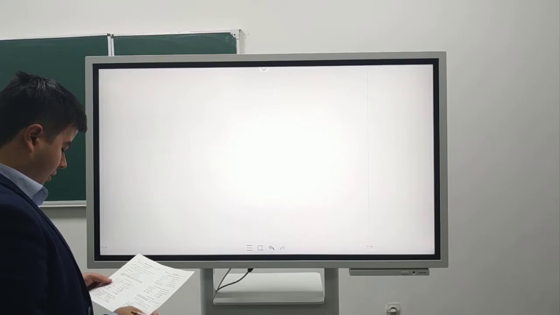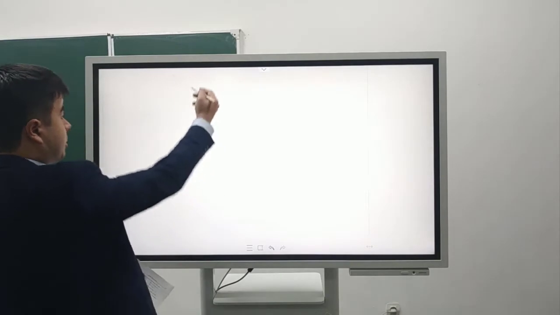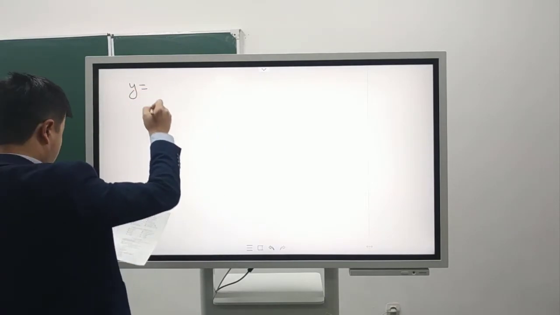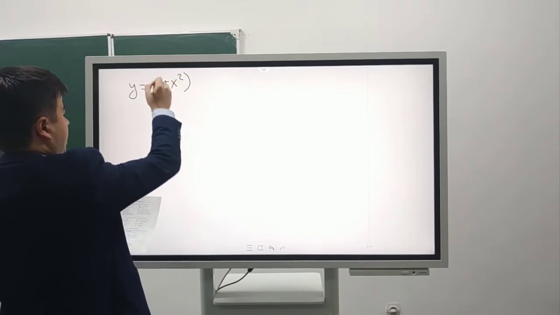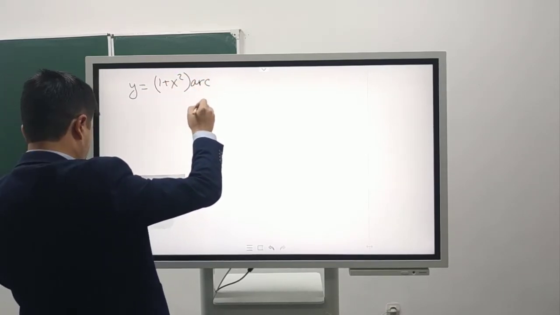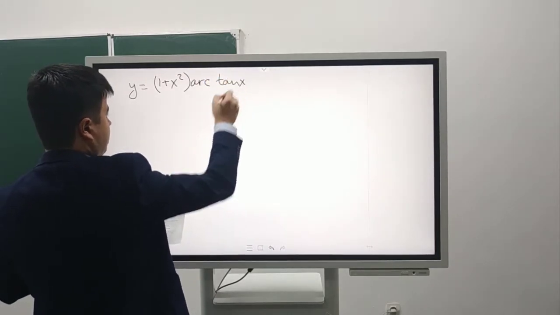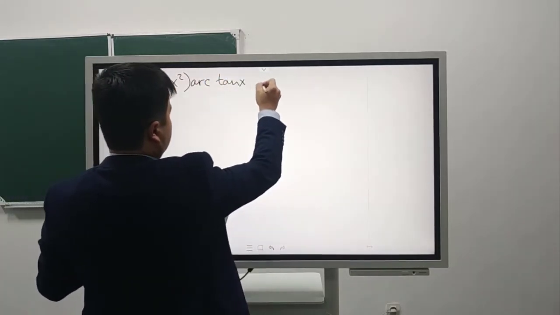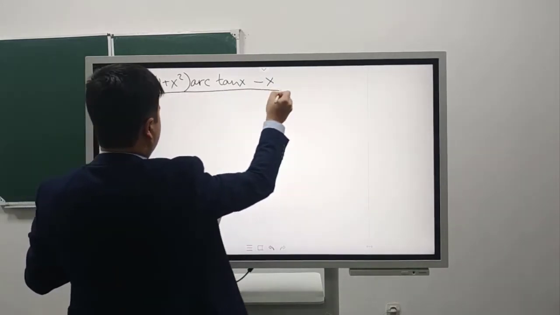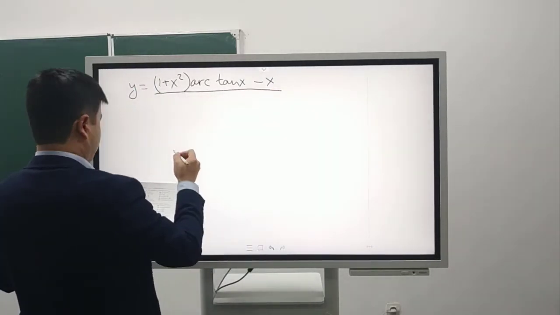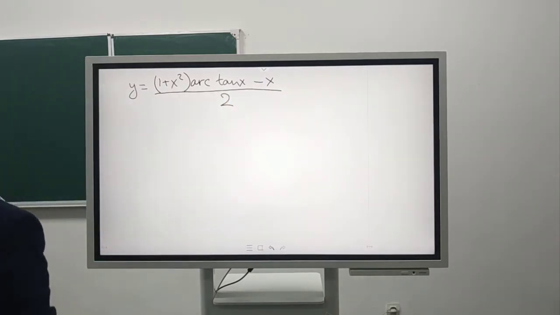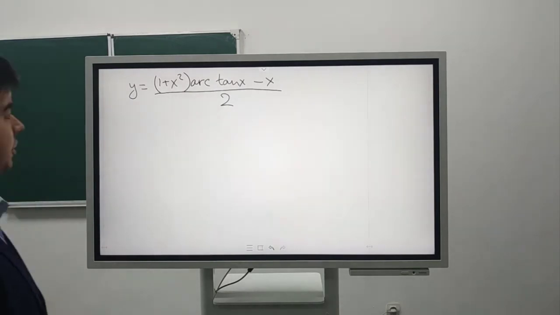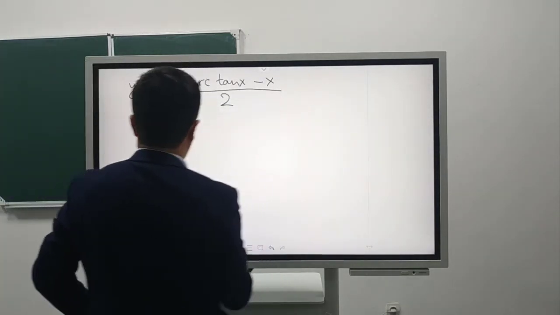And one more function. So let's find the derivative of the function (1 plus x squared) times arc tangent x, minus x over 2.